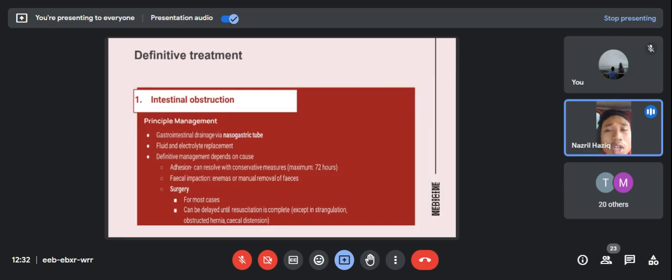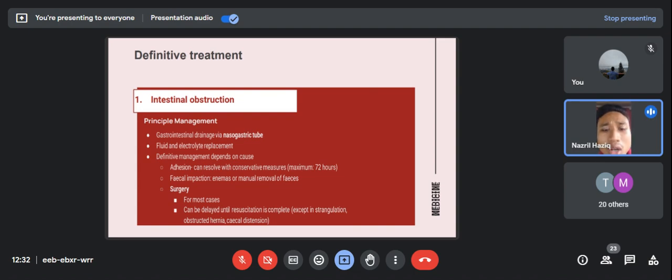Okay, for the definitive treatment. In any patient that presents with intestinal obstruction, we need to keep them nil by mouth, which means we need to rest their bowel, and fluid and electrolyte replacement is very important because the cardinal symptom of intestinal obstruction is vomiting.